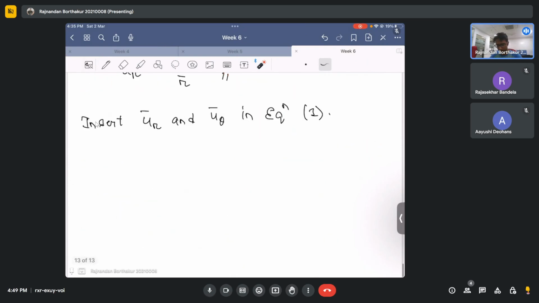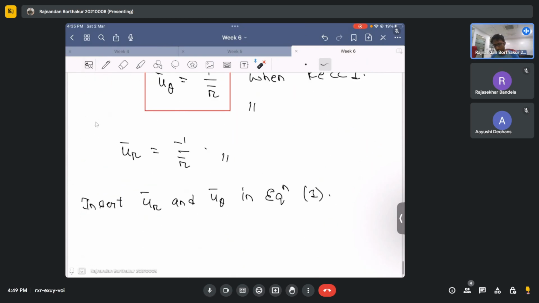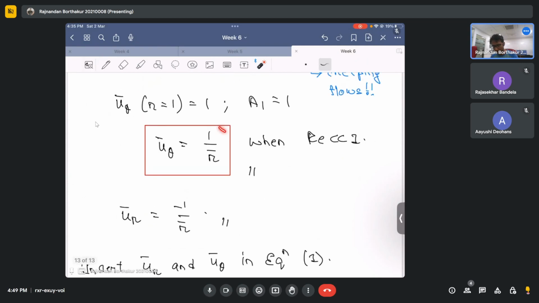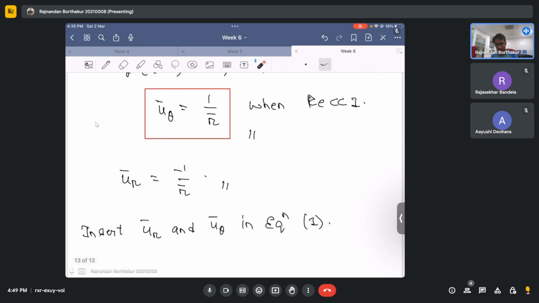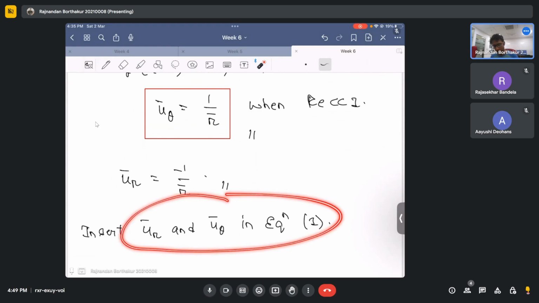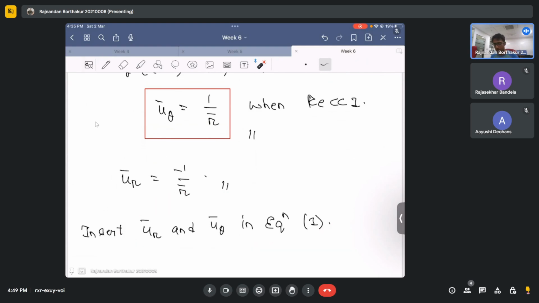Just to summarize, we have evaluated this u theta and u r bar, invoking the fact that our Reynolds number is very much less than one. As a final step, in order to evaluate pressure, we will insert these u r and u theta expressions in the r momentum equation to obtain the solution for pressure.